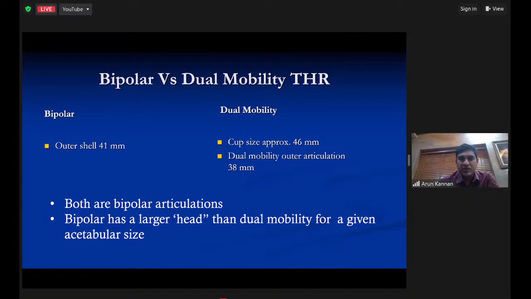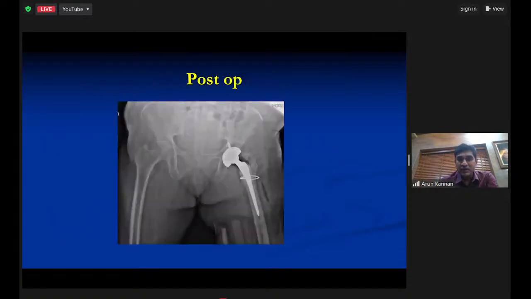The question that came to my mind at that point was which would be more stable, a 41 mm bipolar or a 38 mm dual mobility. But we did go ahead with the dual mobility hip. For the stem side, it was a non-modular stem, so I wanted to revise it to better restore the offset.